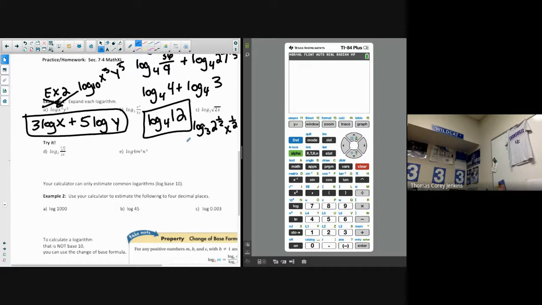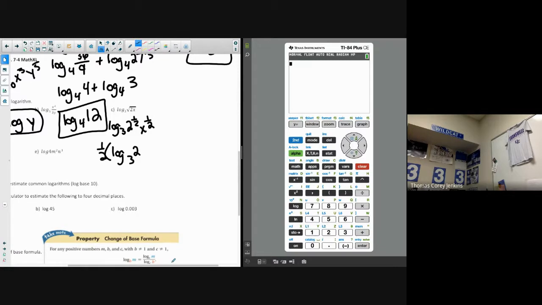So we'd have 1/2 times the quantity, since they're both taken to the power of 1/2, log base 3 of 2 plus log base 3 of x.